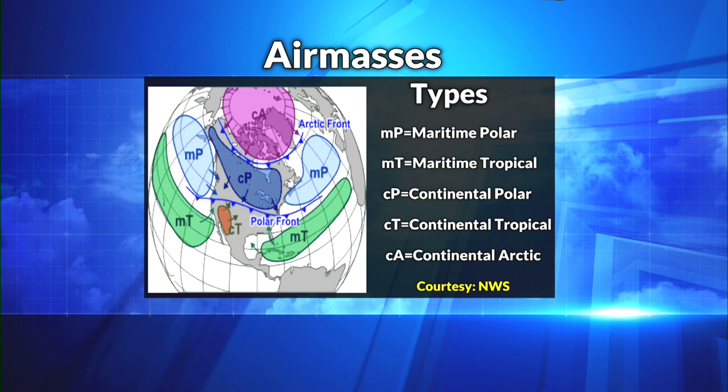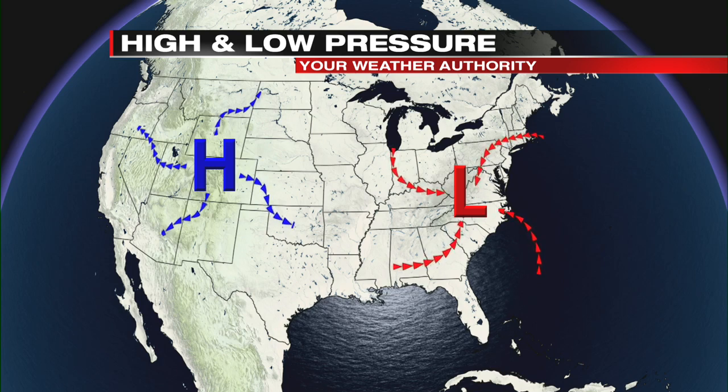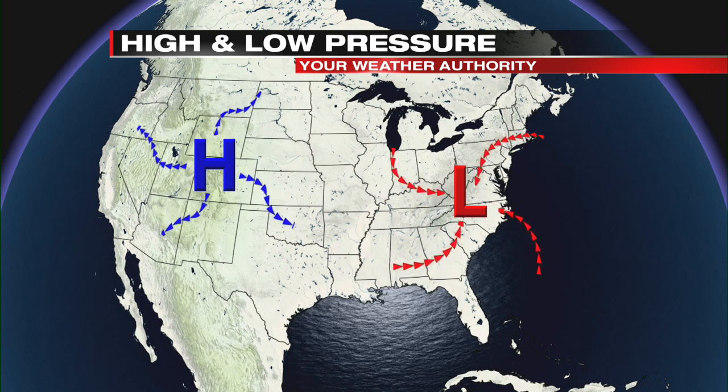Just another modifier before we move on: an easy way to think about this is, if the word maritime is in front of either tropical or polar, it's usually over water. Maritime, ocean, think sailing. Continental, it's over land. So that's the qualifier there. Let's move on and review high and low pressure, because this is also important when it comes to air masses as well.